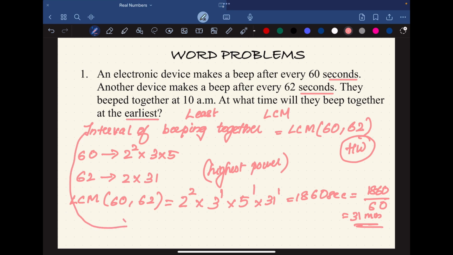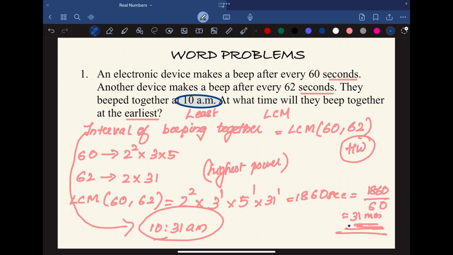The interval of beeping together will be at 10:31 a.m. How did you get 10:31 a.m.? Because you got 31 here. Because they beeped together at 10 a.m. is given in the question, right? So after 31 minutes it will beep together, we found out. So 10 hours plus 31 minutes, you will get 10:31 a.m. Is that clear?